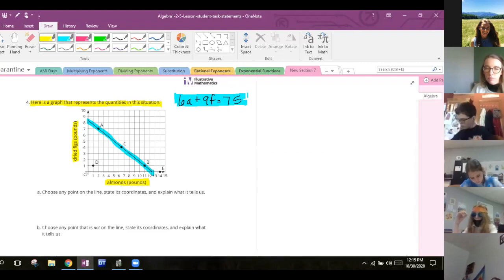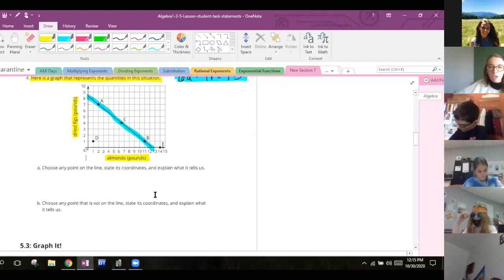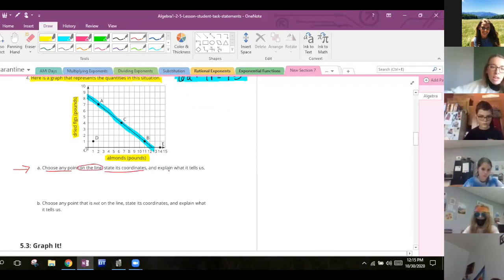Okay, now A and B, you're going to do it on your own. So listen carefully when I explain the directions, please. It says on A, choose any point that is on the line. I want you to state its coordinates and explain what it tells us in the situation.